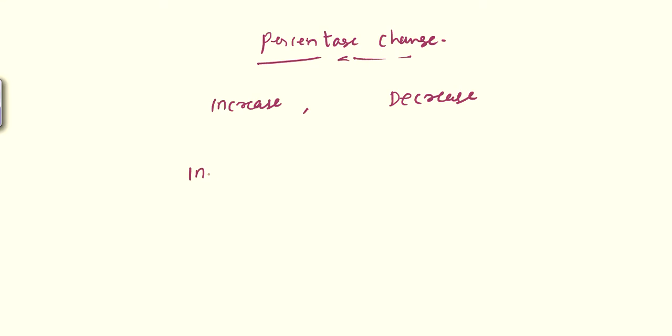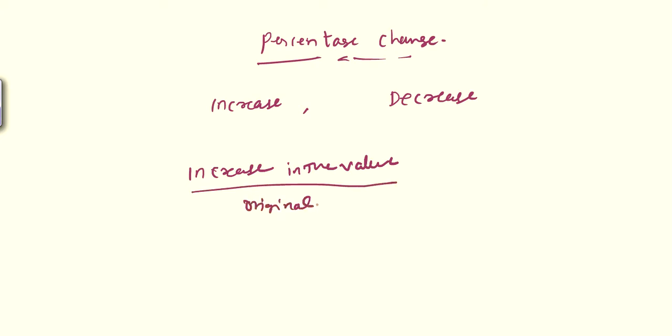So when we have an increase in percent, the formula for that is increase in the value upon original value into 100. This is when you have an increase in quantity, increase in percent or increase in value.